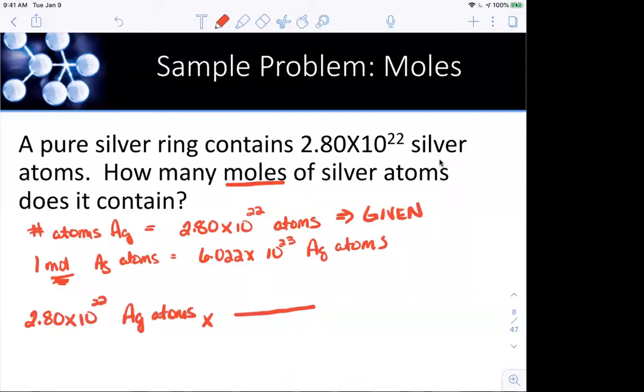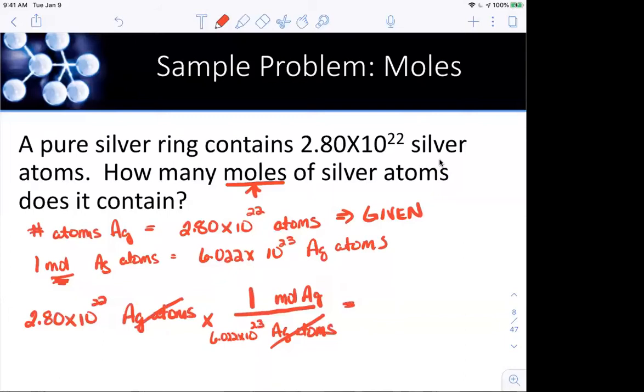I want silver atoms on the bottom so it'll cancel, and I want moles of silver on the top because that's what I want to convert. I need to figure out the moles in this number of atoms. So my numbers are 1 mole is equal to 6.022 times 10 to the 23rd on the bottom. Notice this means my silver atoms are going to cancel and I'm going to get moles.